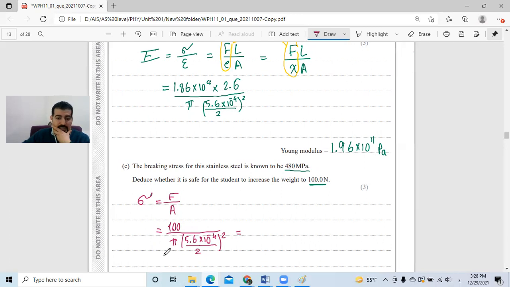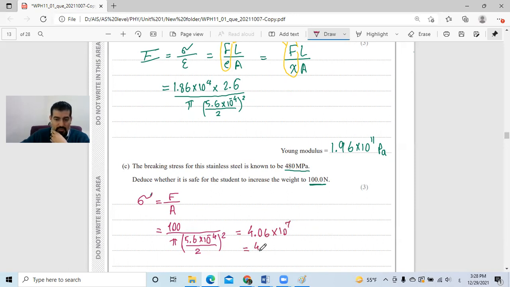It's force over area, not Young modulus over area. Give me the final answer for this one, please. Yes, it's 4.06 times 10 to the power of 7.